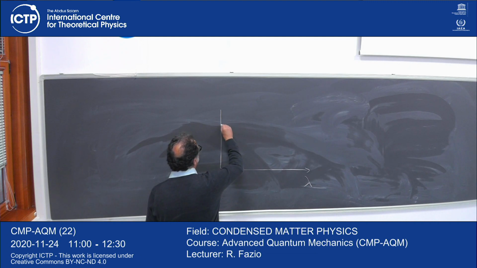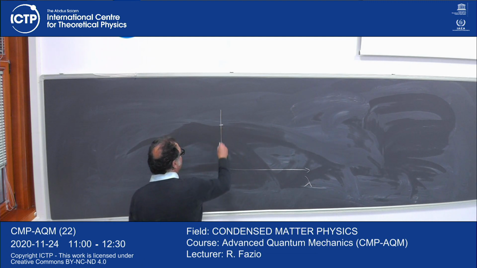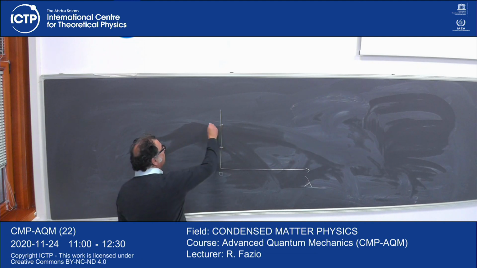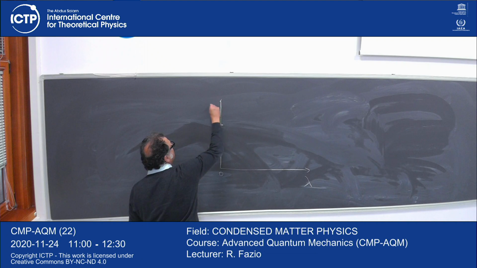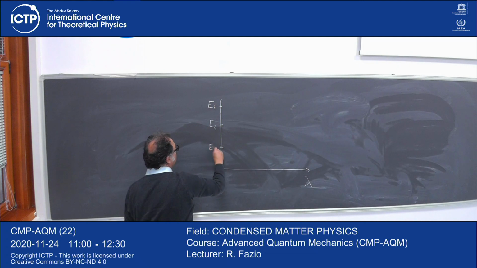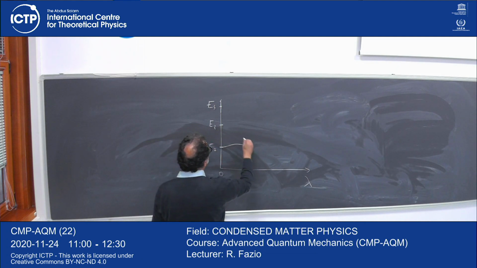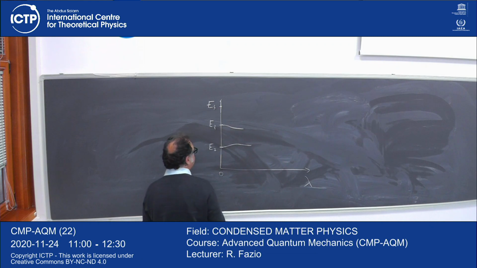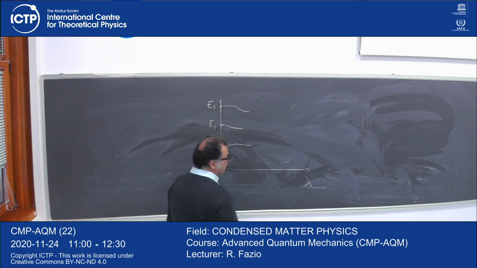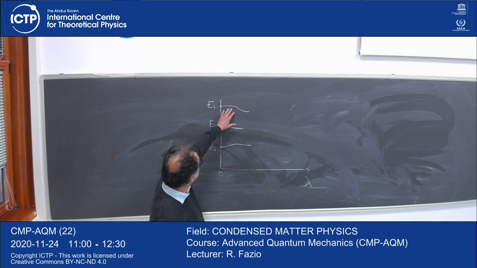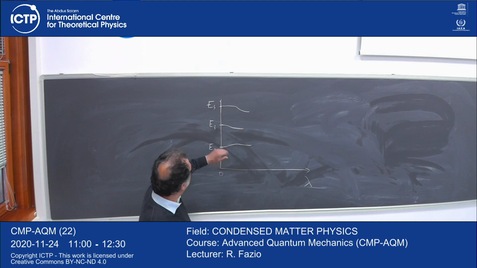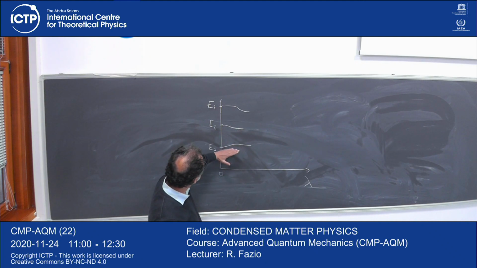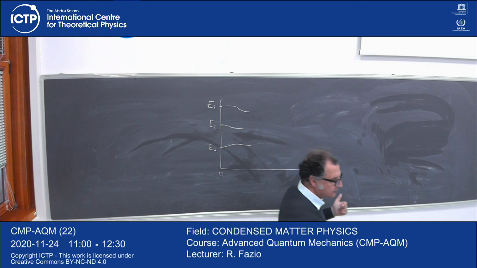I have levels that in the unperturbed case are here and there. I may have 3 levels, whatever, okay? So E3, E2, and E1. In the presence of perturbation, this will be modified, okay? But there is still a clear identification of what was the unperturbed level.